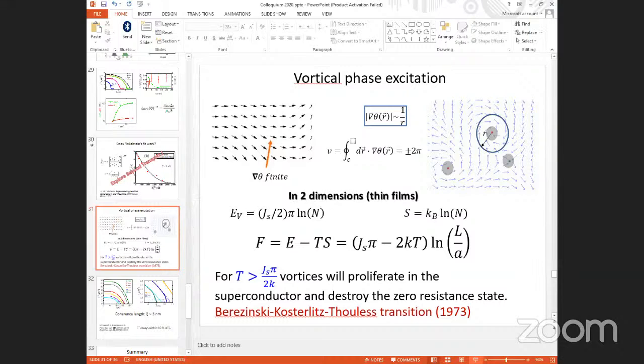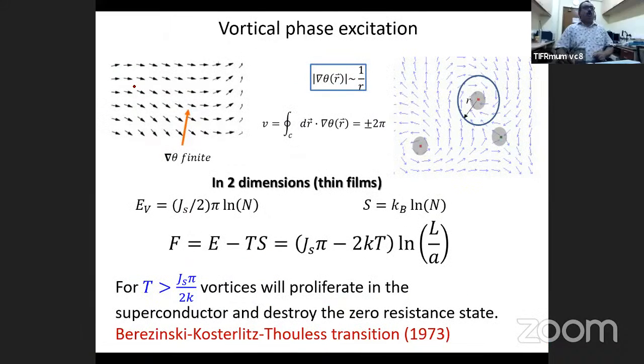Yes, sir. So you can see these are long wavelength phase fluctuations, and here this quantity grad theta is finite everywhere. However, the other kind of phase fluctuation that I can have is what I am showing here.